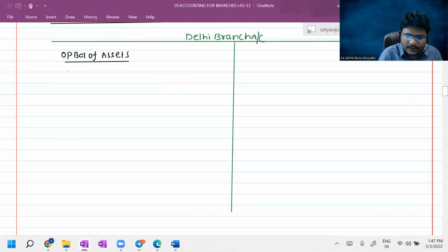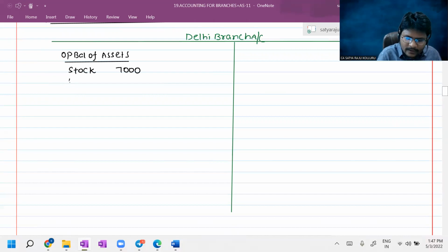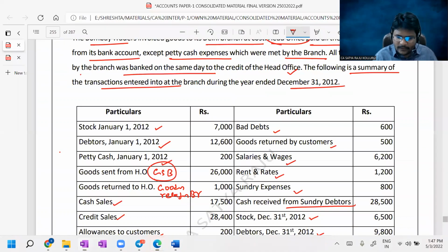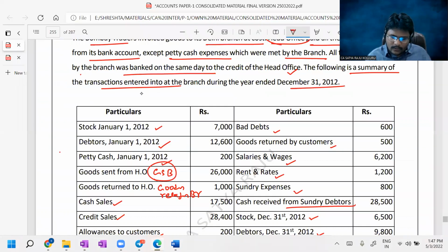Stock 7,000. Then debtors 12,600. Next, petty cash 200. That's it. These are the opening balances of assets.